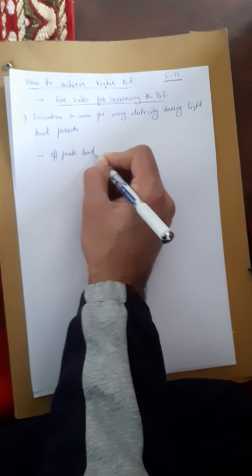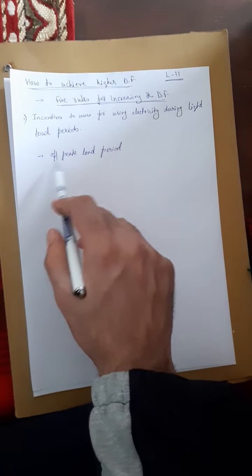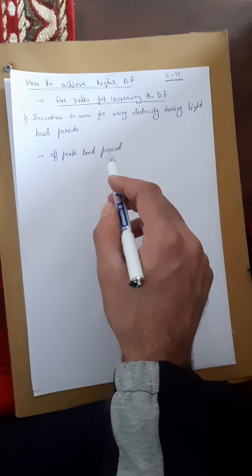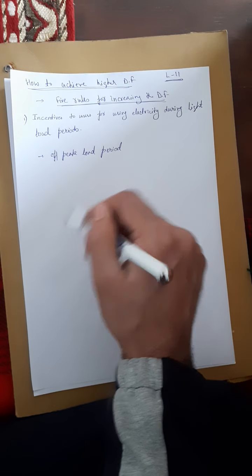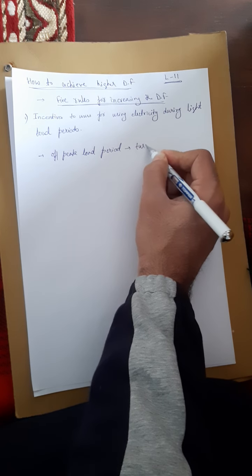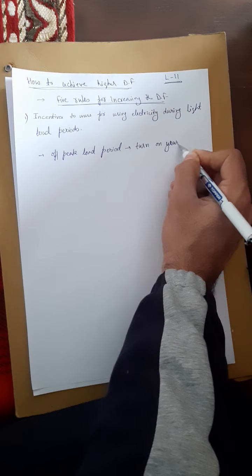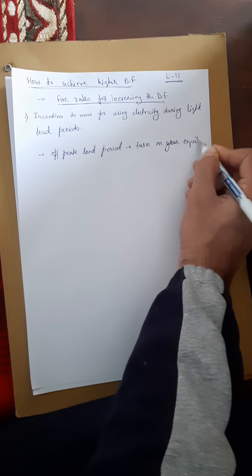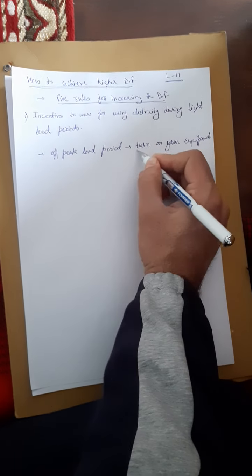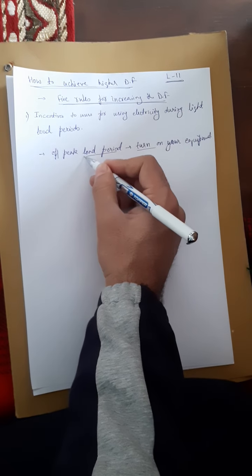I have shown this off peak load period with the help of the load curve. So we tell them, during the off peak load period, turn on your industry, turn on your equipment, because at that time we have enough capacity but the load is small.